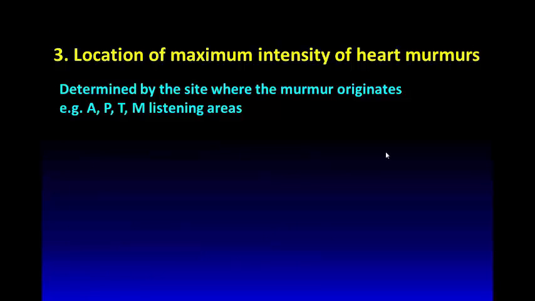The location of the maximum intensity of the heart murmurs is determined by the site where the murmur originates. So the murmur can be best heard at the aortic or pulmonary or tricuspid or the mitral auscultatory areas.